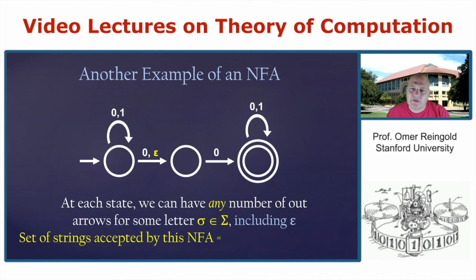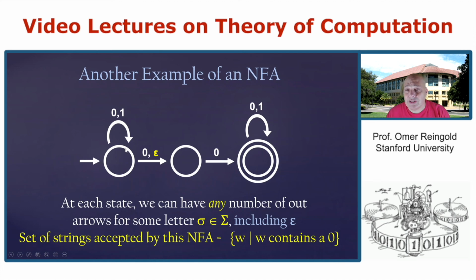The set of strings accepted by this NFA, what is it? Everything that contains a 0. So if you're here and you contain a 0, then you can stay here with 0, 1 and on every one that you see.